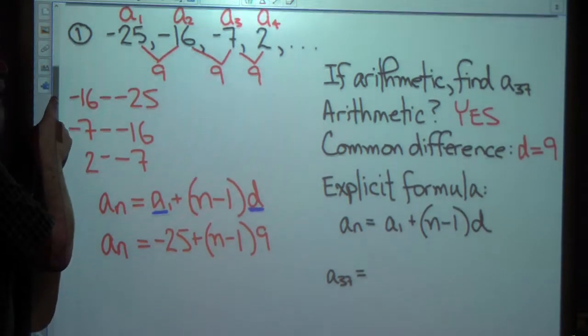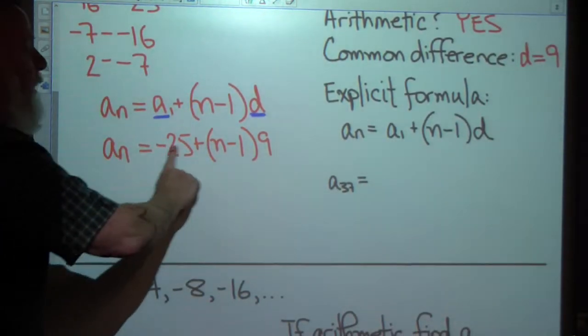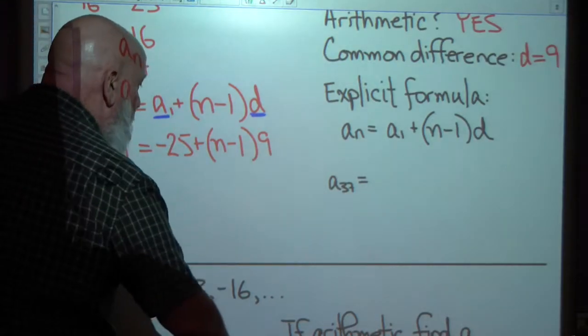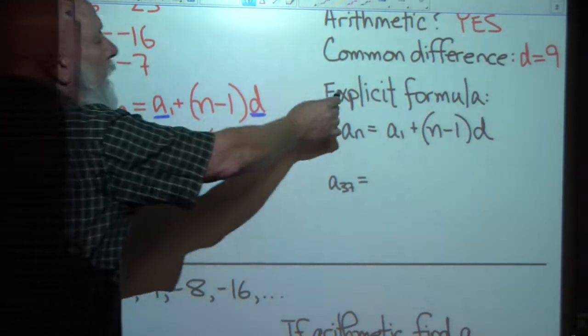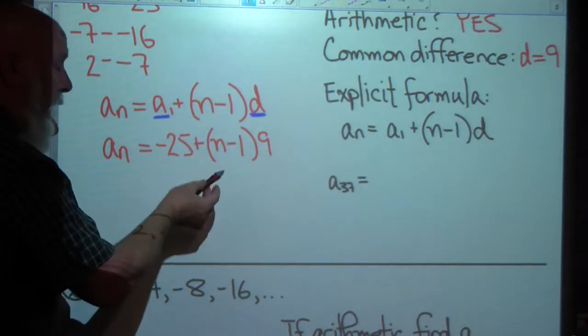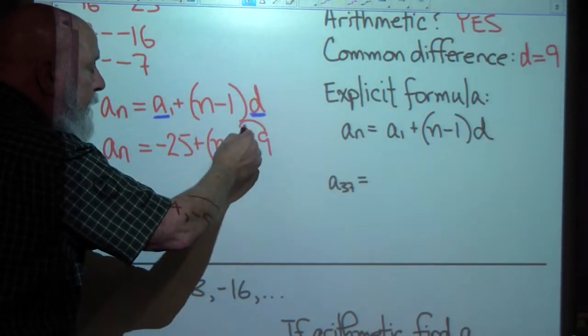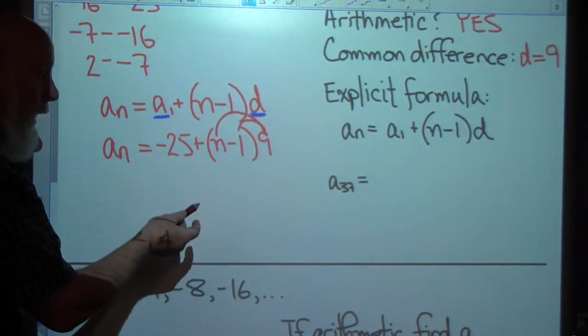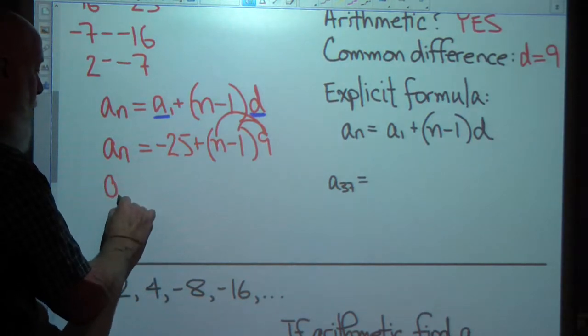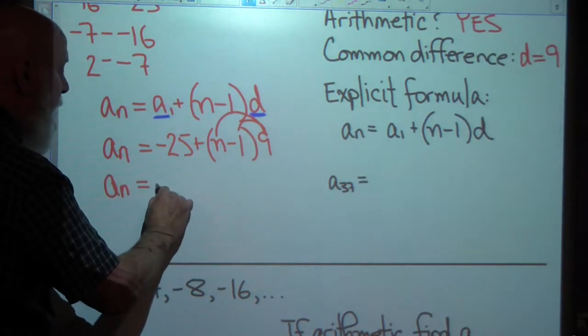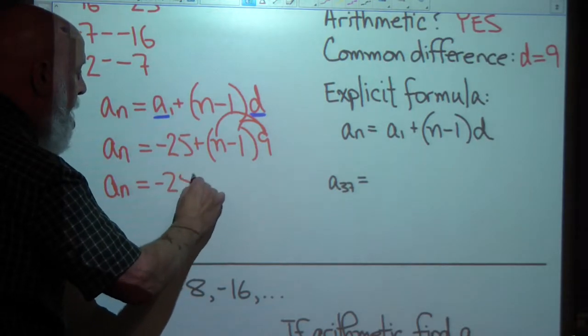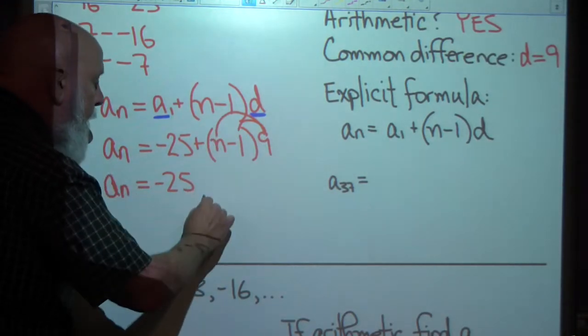I'm going to scroll a little bit and give myself a little room to work, and I'm going to simplify this. Then I'll be looking at a simpler form of my explicit formula. The way to simplify it, I'm just going to open these parentheses and combine like terms. So a sub n is equal to negative 25 plus 9n.